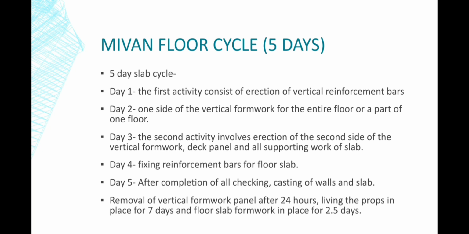On day three, the second activity involves erection of the second side of the vertical formwork, deck panels, and all supporting work of the slab. On day four, fixing reinforcement bars for the floor slab. And on day five, after completion of all checking, casting of walls and slab. In the last days, removal of vertical formwork panel after 24 hours, leaving the props in place for 7 days and floor slab formwork in place for half days.